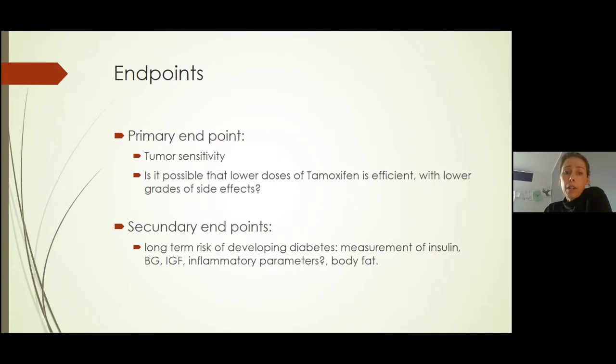And secondary endpoints were to determine if long-term risk of developing diabetes is increased, and if it's associated to the tamoxifen dose. And by doing this, we should measure insulin, blood glucose, insulin-like growth factors, if possible, inflammatory parameters, and body fat.